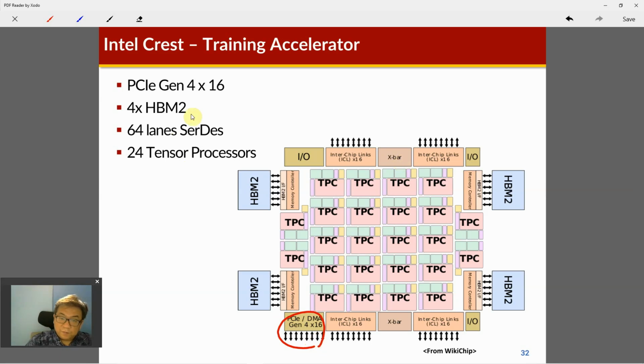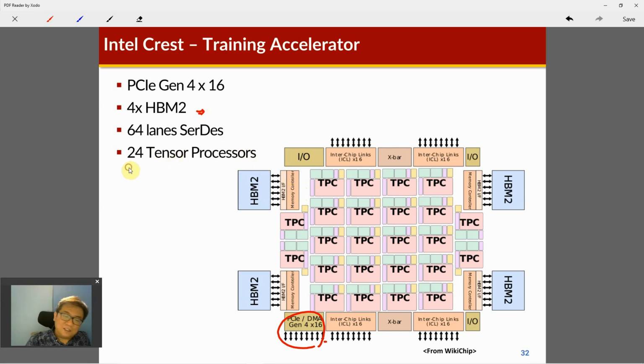Also, in order to support high bandwidth, the IntelliCrest has 4 HBM2 memory modules, and there is a memory controller here. There are 4 memory controllers. Then 64 lanes of SerDes. SerDes is a serializer and deserializer link. And then there are 24 tensor processors.